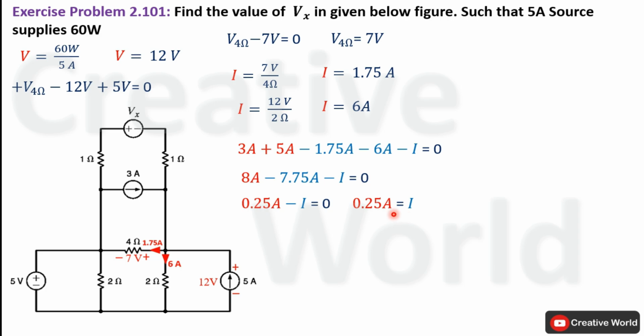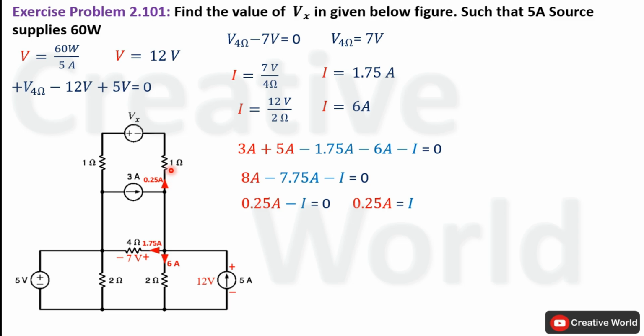Here the value of current I with positive sign is indicating that we have taken the right direction of current through this branch. Now after calculating current through this branch, this same current will be flowing from these two resistances due to the series connection. Modify the circuit by indicating current through this branch with its direction.